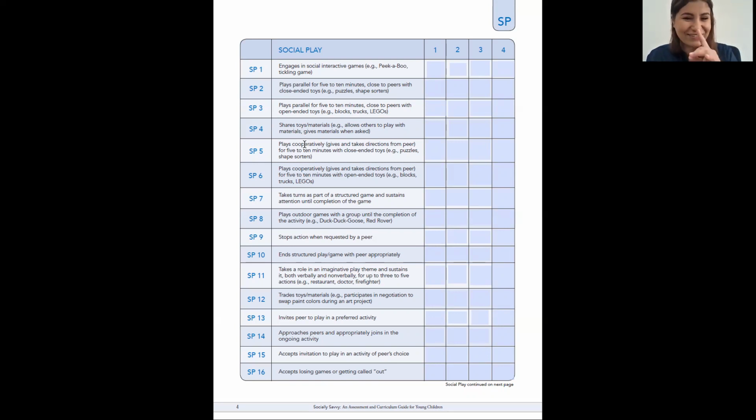We also have open-ended toys, and we have the term closed-ended toys. So what do we mean by this? Closed-ended toys have a start and an end, like a puzzle. It ends when the puzzle is complete.